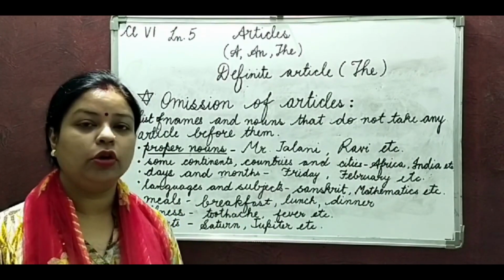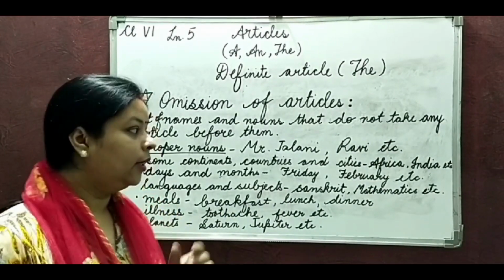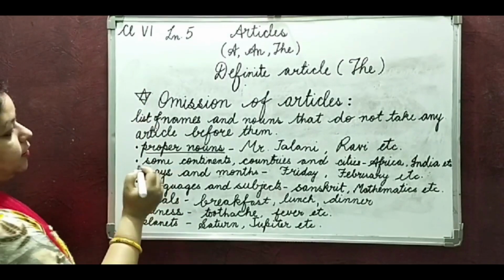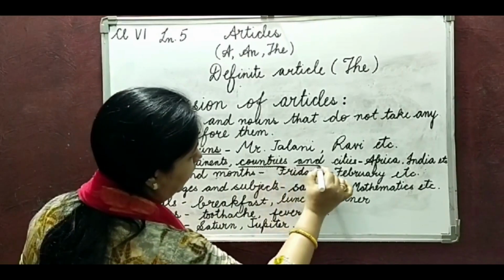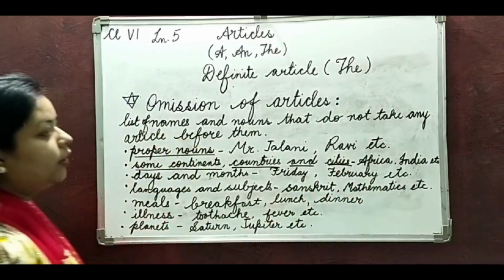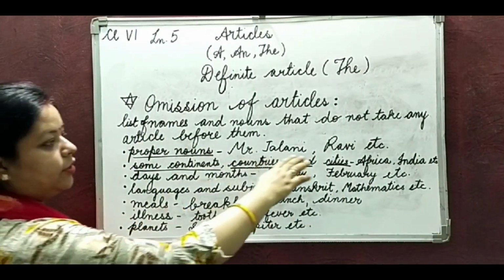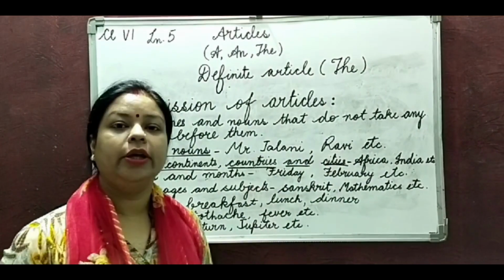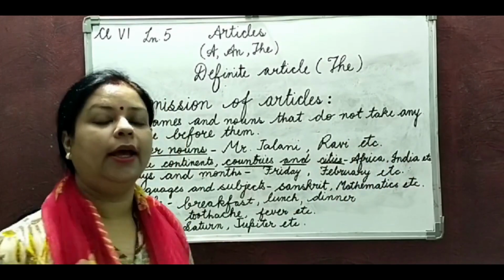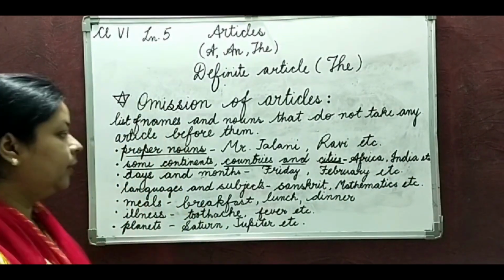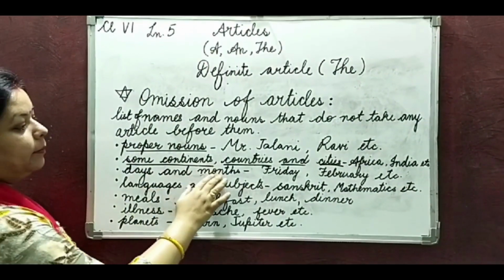Second is some continents, countries and cities. With these names also we do not use an article, such as Africa, India and any other.